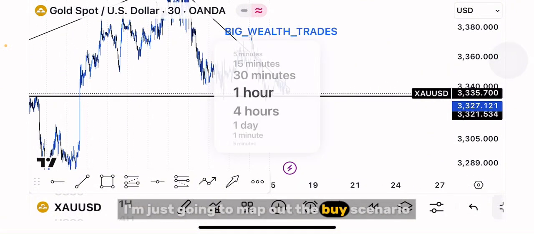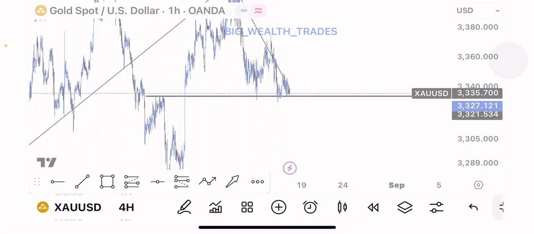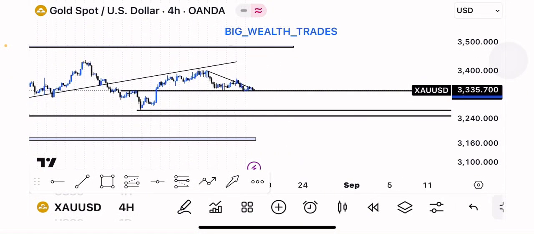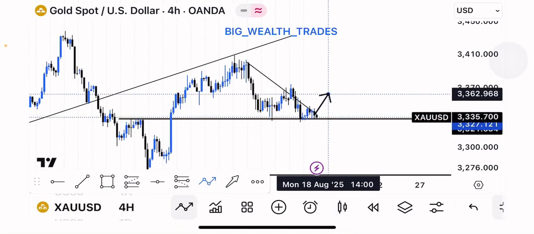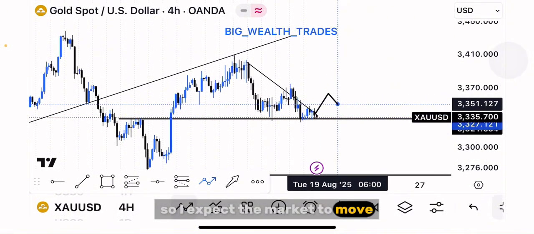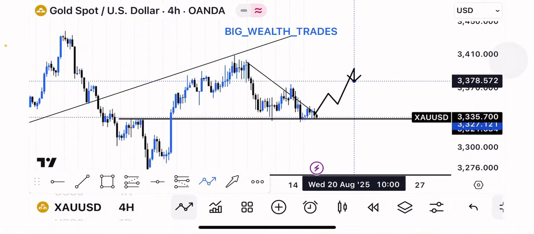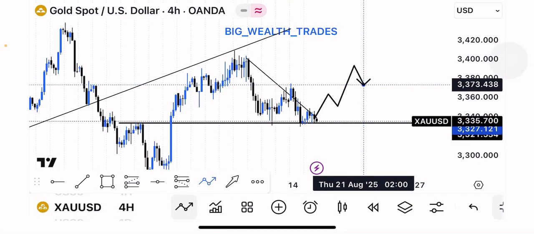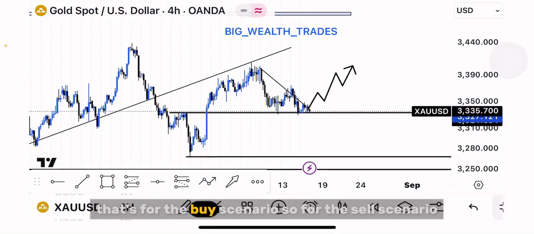I'm just going to map out the buy scenario and the sell scenario on the 4 hours time frame. So this is what it's going to be, how I expect the market to move. That's for the buy scenario.